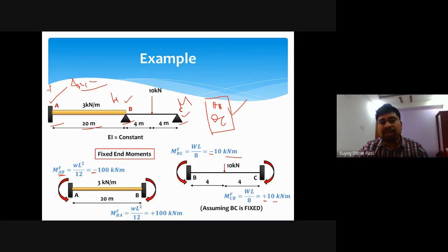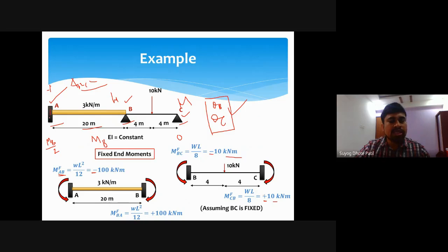I have to distribute this moment to joint A and joint C. If joint A is fixed, there will be a carryover of this moment. If the moment at joint B is MB, then the carryover at joint A will be MB by 2, whereas the carryover of this MB to joint C will be 0, because it is a hinge.